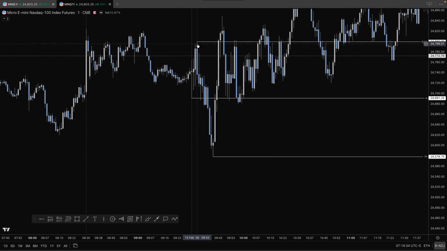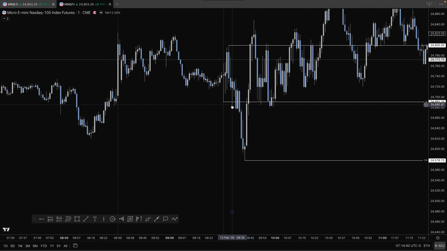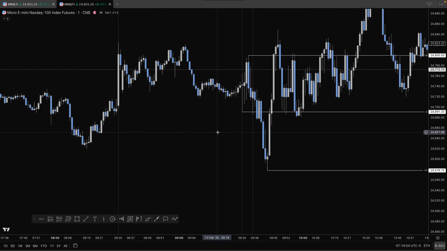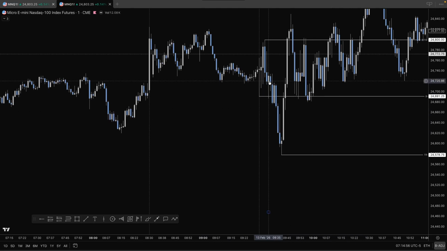We got our 5 minute range, just like this. This candle here is the first candle that isn't in the range anymore, so 9:35, because the new 5 minute candle opens. And as you can see, we kind of swept the low, pushed a bit up again, and just pushed down again.